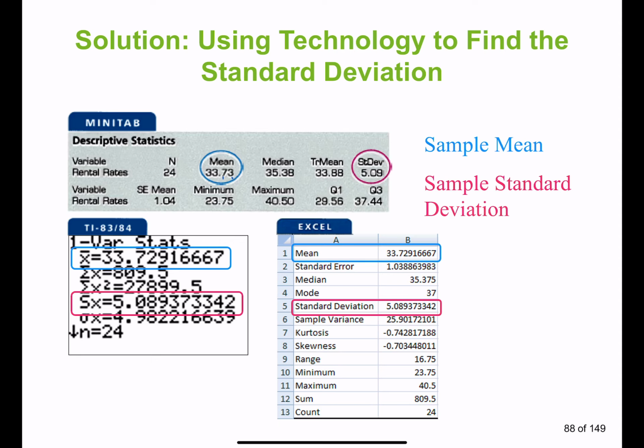Plus, in all your word problems where a database is given, it's always right in the upper left corner, right under the word problem. There is an icon that you click, and that will transfer the given data of your word problem into either Minitab or StatDisk or Excel.